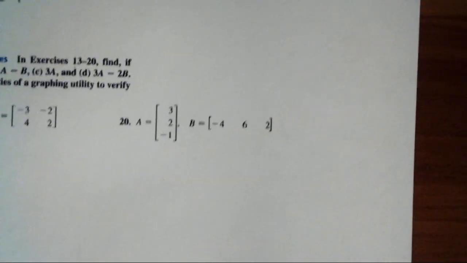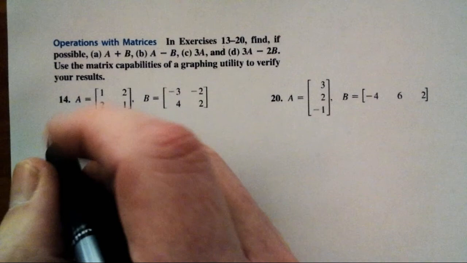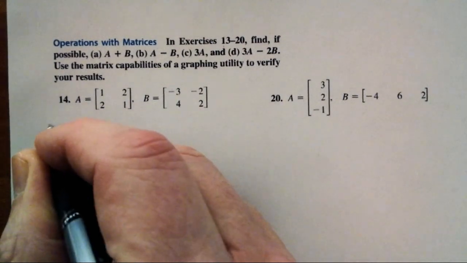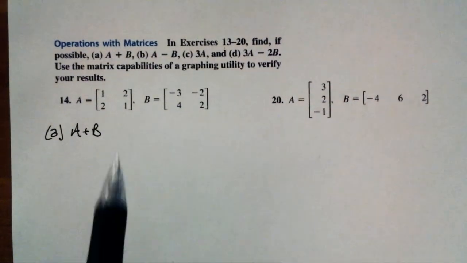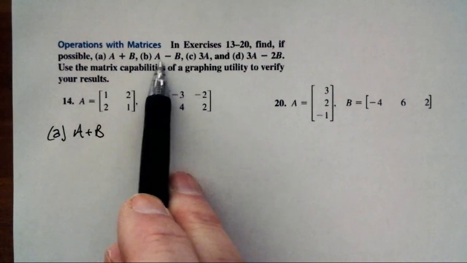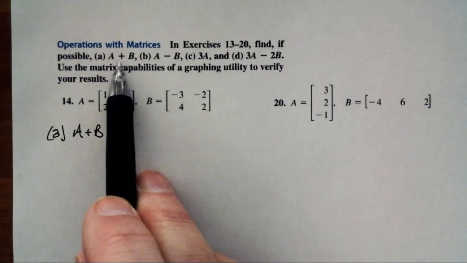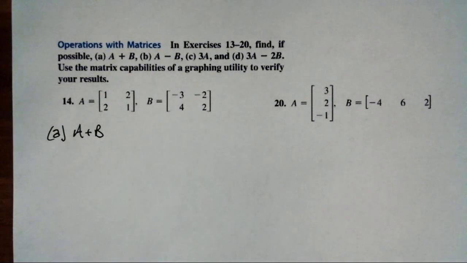And for whatever reason, when I put these sheets together, I do this with a lot of copy and paste, and we're going to go counterclockwise here this morning and take a look at number 14. So we want A plus B. Vector A plus vector B. Worth noting also that if you see a capital letter in this chapter, they are referring to, yes, it's a variable, but it's a variable that stands for a matrix.